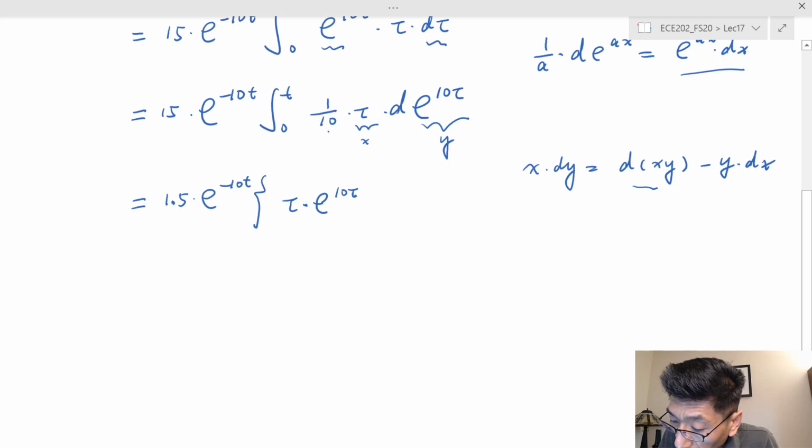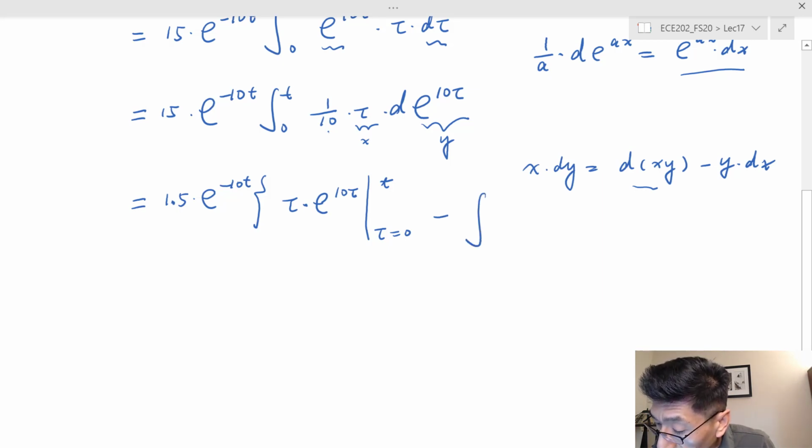Now I need to evaluate this at the upper and lower limit, not t. The lower limit is 0 and the upper limit is t. Right? So this is the xy term, and minus the second term. The second term is 0 to t, y dx. y is e to the 10 tau and dx is d tau. Right?